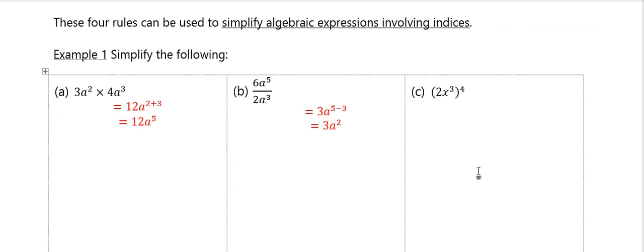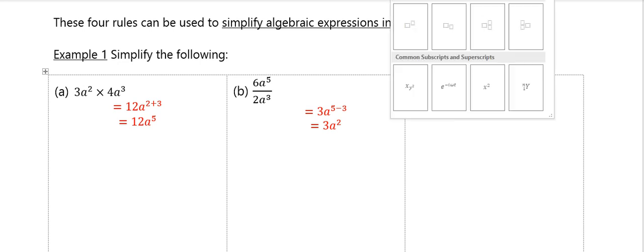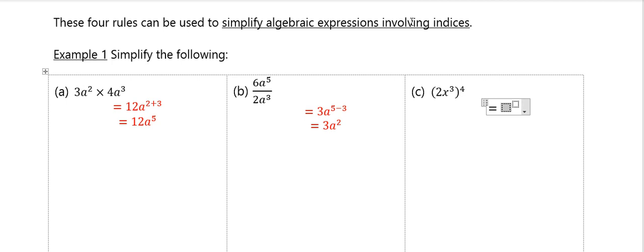So 2 is automatically power 1, so 2 to the power 1, multiplied with the number 4. And then what about the x cubed? The power will also be multiplied with 4. So you have x to the power 3 multiplied with 4.